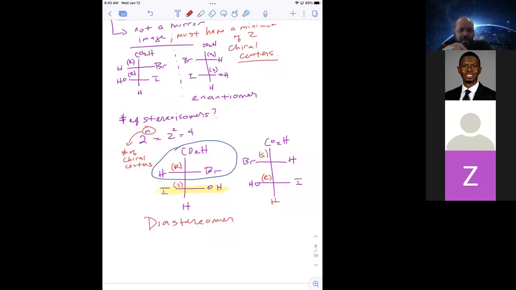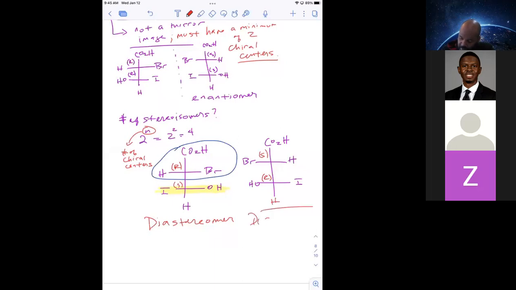What's the relationship between the 2 diastereomers? Look at the configuration of the first one and compare it to the second one. Are they enantiomers of each other? Yes, these 2 diastereomers are enantiomers of each other.